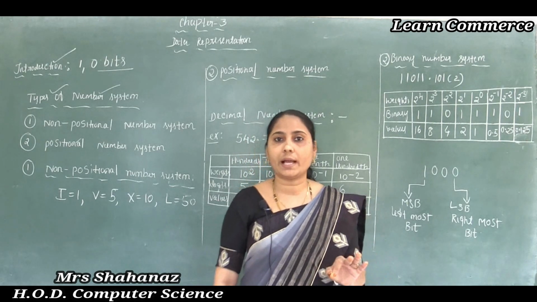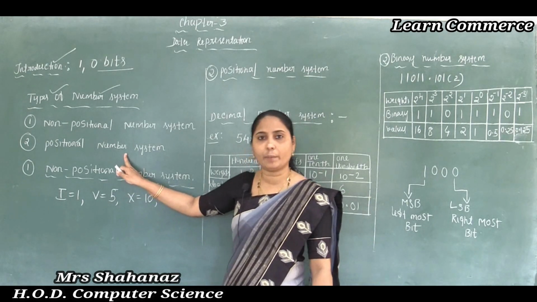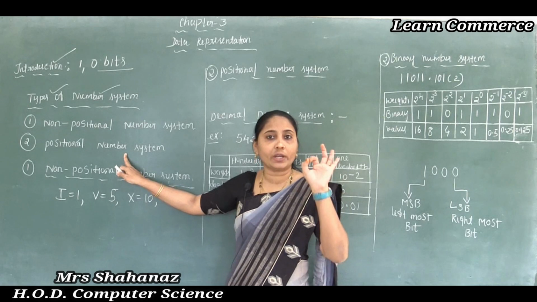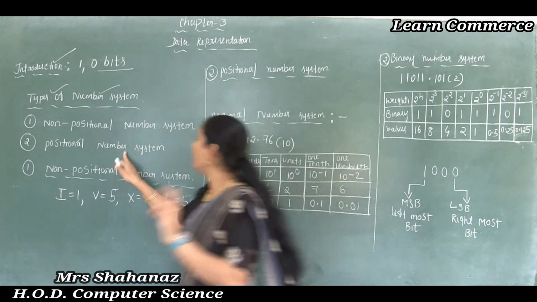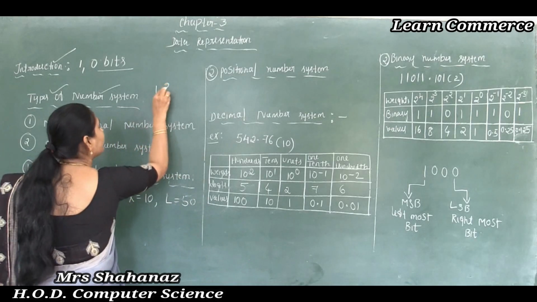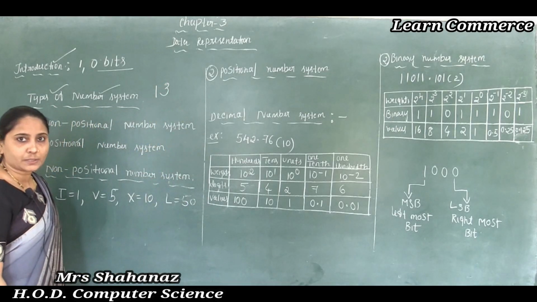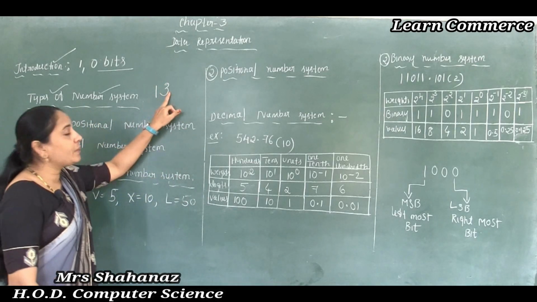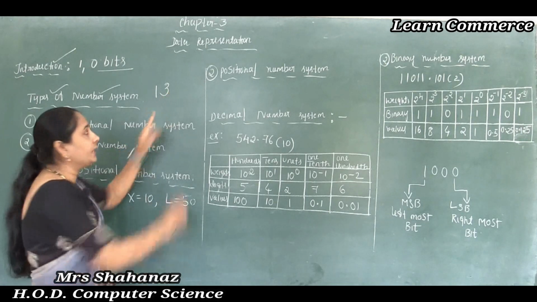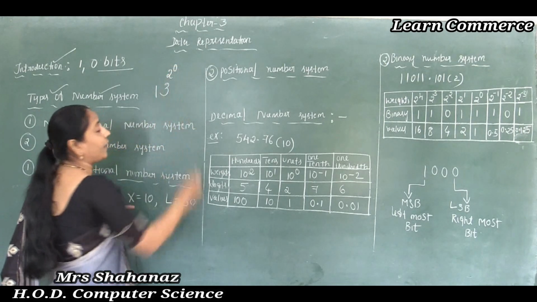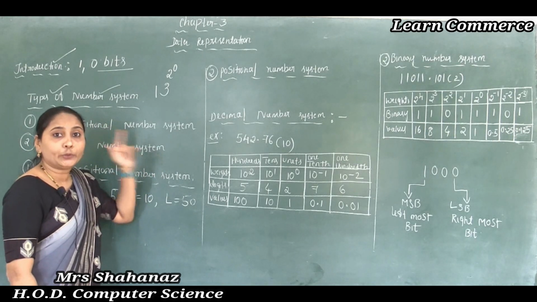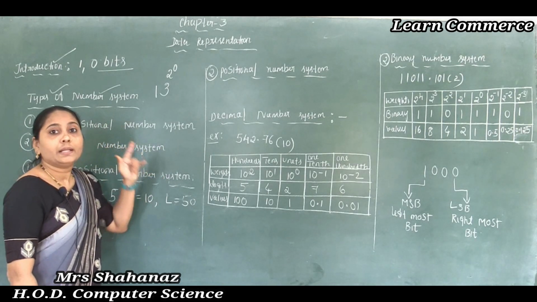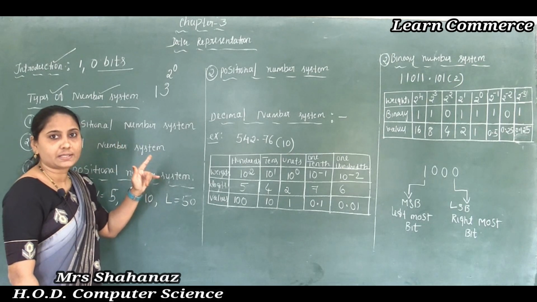In our positional number system, for each number we need to give some position value. One example, when you use 1 3, clear this point here, 1 3. That means we are going to give the position value. If you are using the binary number system, the base is 2, because we know that the base of the binary number system is 2.